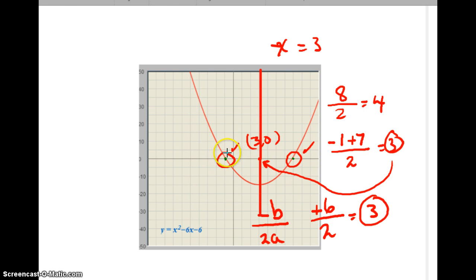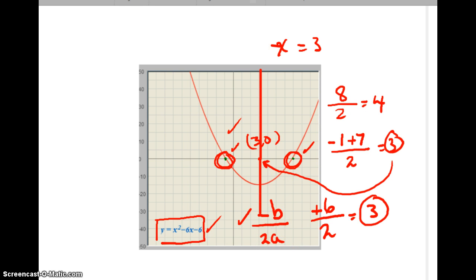Or if you feel comfortable finding the two x's, adding them together. Or if you're just given the equation, then mathematically using the negative b over 2a. And we'll practice again in class tomorrow, so you can kind of decide which method you want to use. Again, if I'm given the graph, I'm going this direction. If I'm given the equation, I'm going this direction.